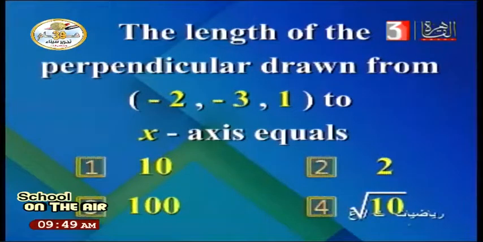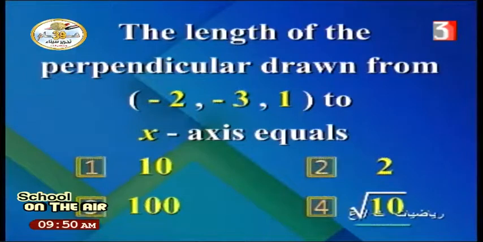For the length of the perpendicular from this point to the y-axis, it is the square root of negative 2 squared plus 1 squared. The required length of the perpendicular from this point to the z-axis is the square root of negative 2 squared plus negative 3 squared, which equals root 13.